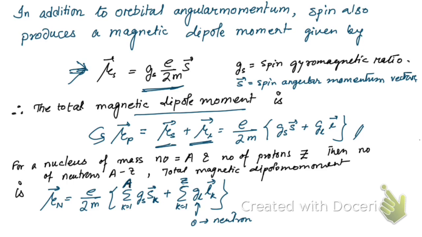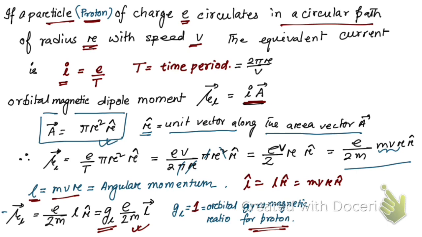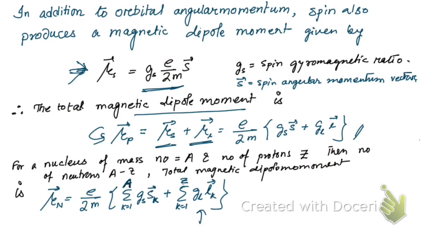So that's why we do not consider the neutrons here, we take only the protons, right? So remember that. Let me mention one thing: Gl is equal to 0 for neutron. That's why in case of orbital magnetic moment, we consider the number of protons only, not the neutrons. But here in case of spin, we take both the neutrons and protons.